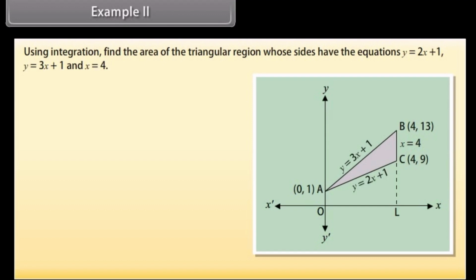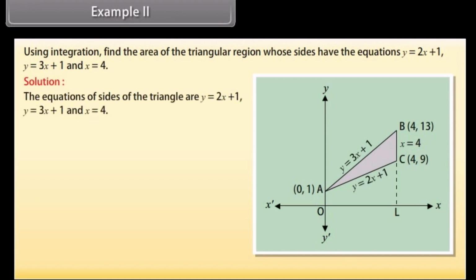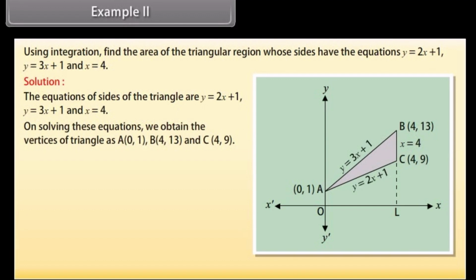Example second. Using integration, find the area of the triangular region whose sides have the equations y equals 2x plus 1, y equals 3x plus 1, and x equals 4. Solution. On solving these equations, we obtain the vertices of triangle A(0, 1), B(4, 13), and C(4, 9).